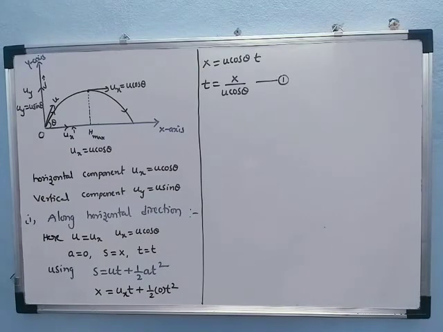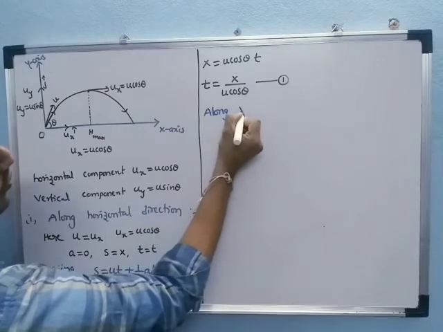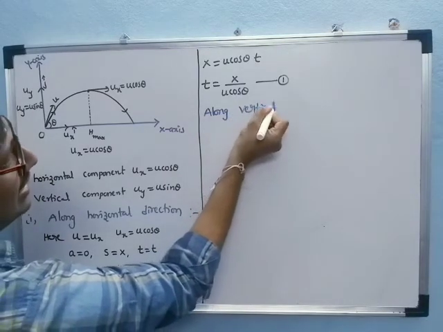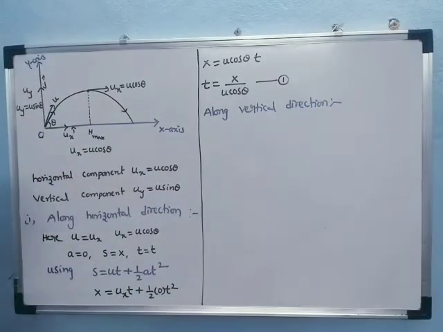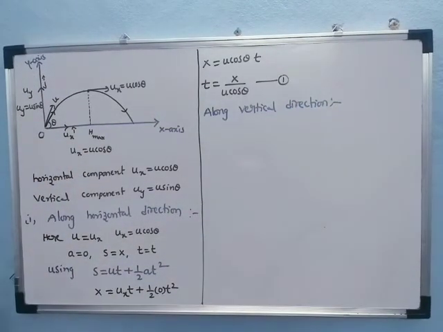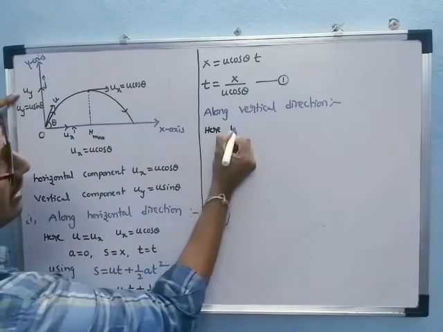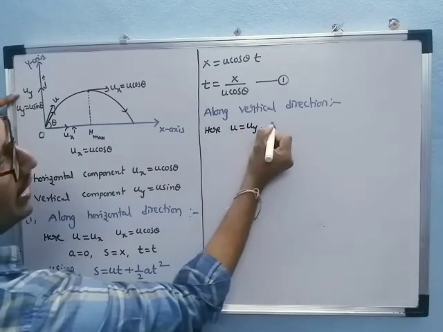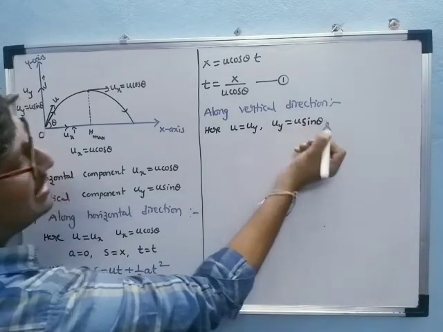Now along the vertical direction, here the initial velocity uy, what is the component? uy is equal to u sin theta.